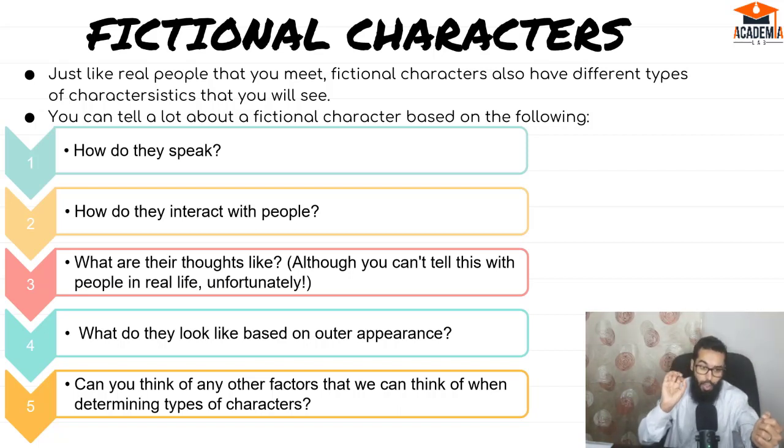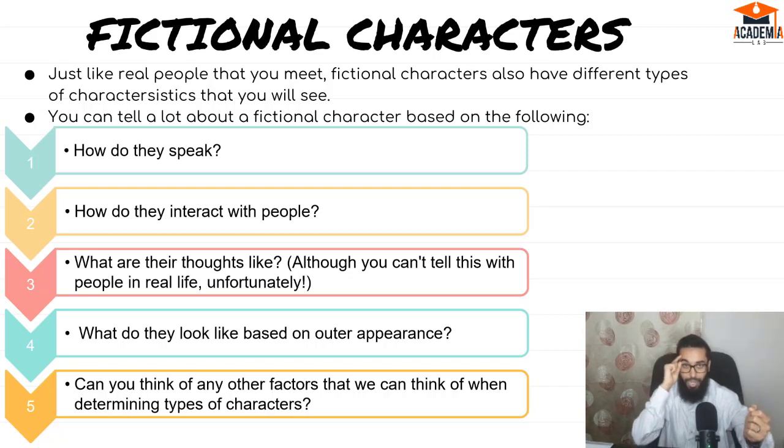Okay, number 3, what are their thoughts like? How do they think? All right, and we can see this in novels and short stories. Unfortunately, we can never know this in real life. In real life, it's a little bit different, you understand? We cannot tell people's thoughts in real life.